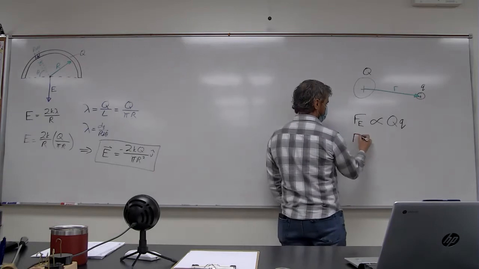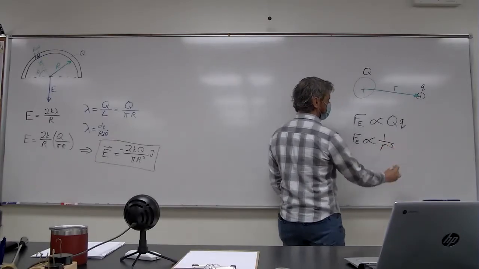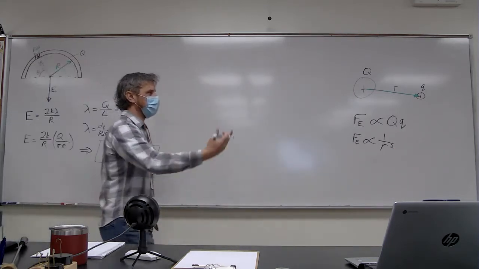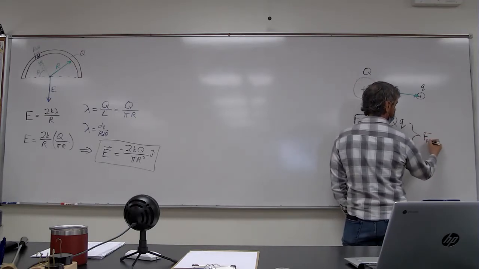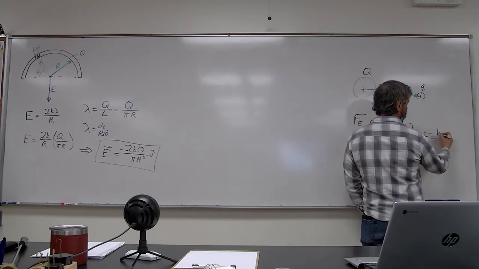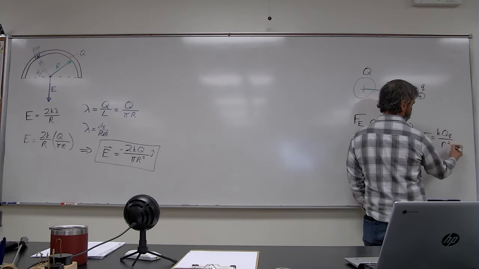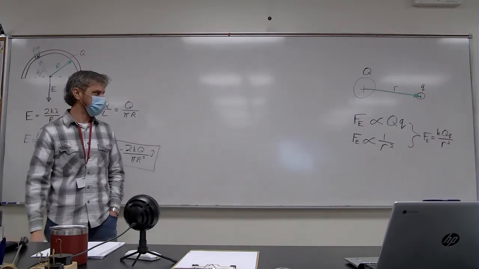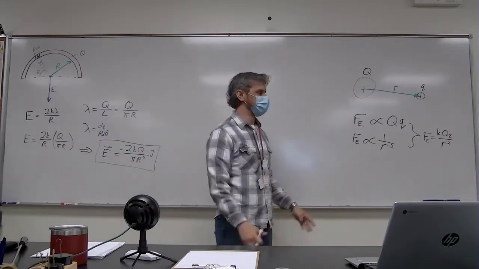The electric force is also inversely proportional to the distance between them squared. And we can tie those two proportionalities together in Coulomb's law, which again looks just like Newton's law of universal gravitation. It's Coulomb's constant K times the product of the charges divided by the distance between them squared. Coulomb's constant is just there to tie the proportionalities together into a nice equation that allows us to calculate real stuff.